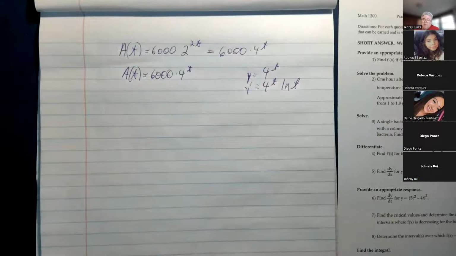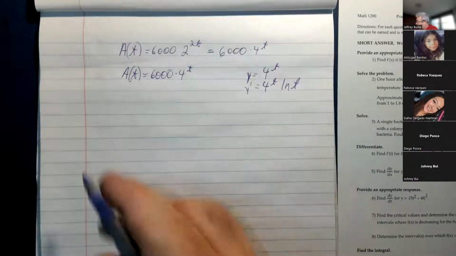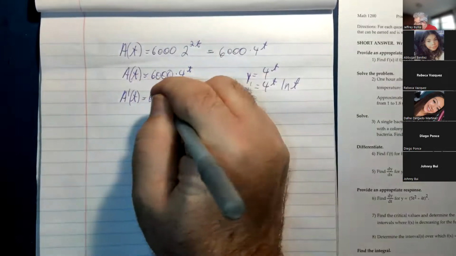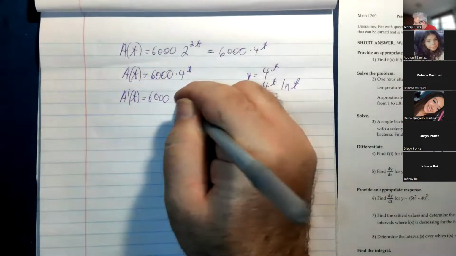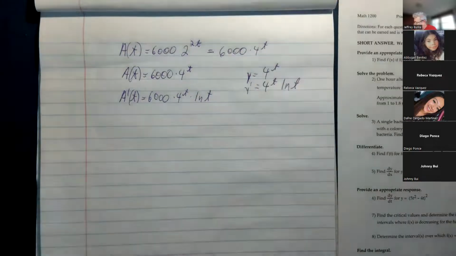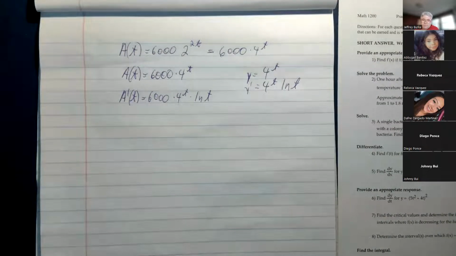Okay, that goes back to one of the old derivative rules I think we learned back, probably for test 2, and it's not one that we see commonly, but it is one you should be familiar with. So it's going to be 4 to the T times ln T. That means A prime of T is going to be equal to 6,000 times 4 to the T times ln T. Any questions about how I came up with that derivative?